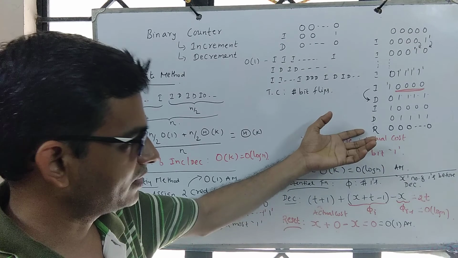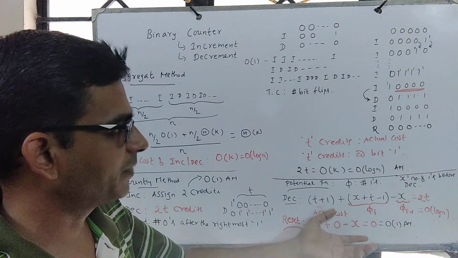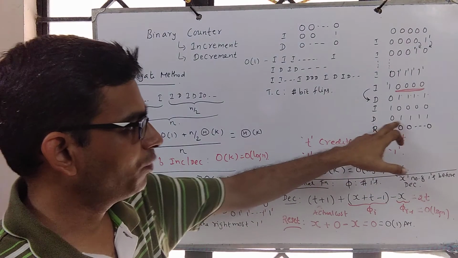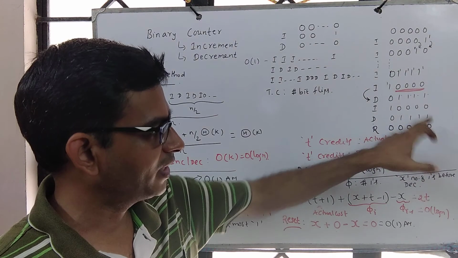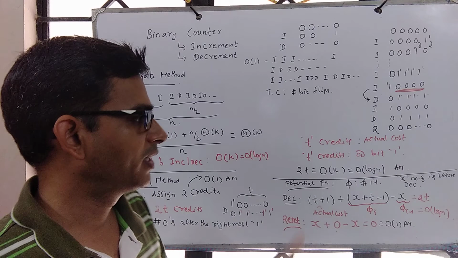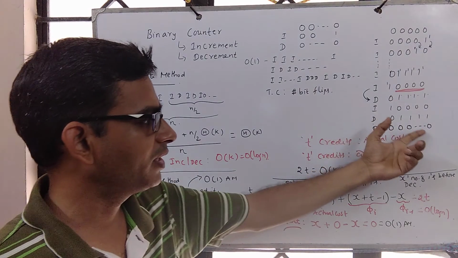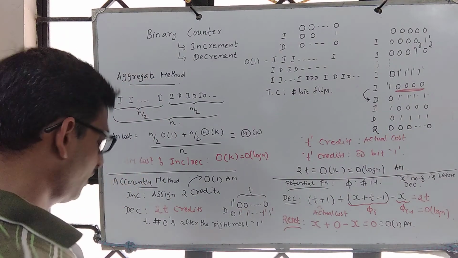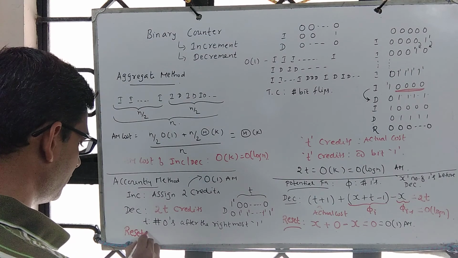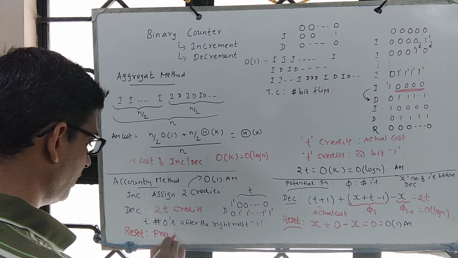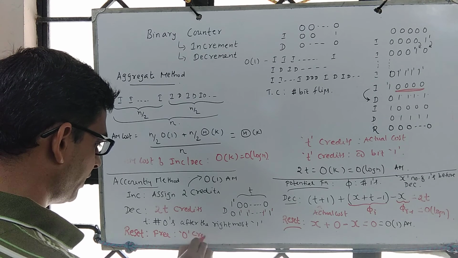The data structure itself has sufficient credits to supply for this. All ones will disappear, and we know that with each of them we already have one credit left, and that can be used for the reset operation, which means if you introduce reset, it is free, so don't charge anything, or 0 credits.